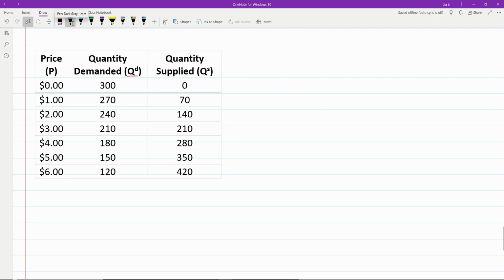First, I will just go ahead and say that this here is what is known as the equilibrium, where the equilibrium price, as we can see in this row, and equilibrium quantity.